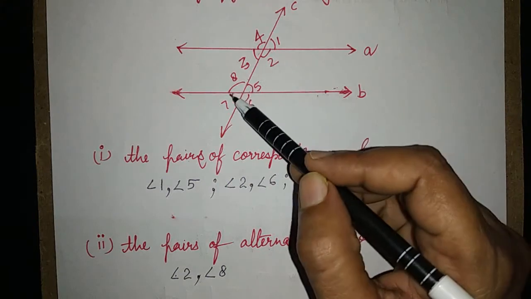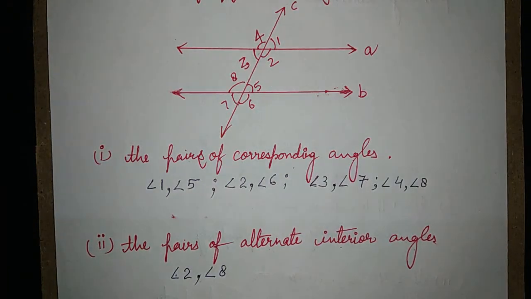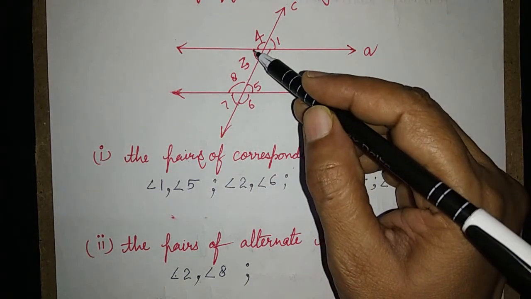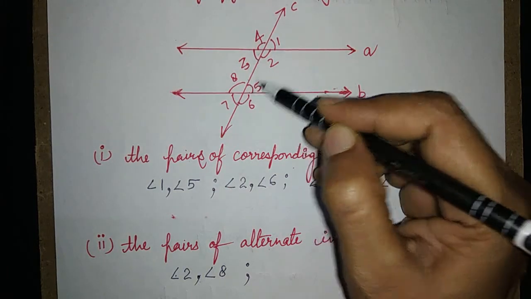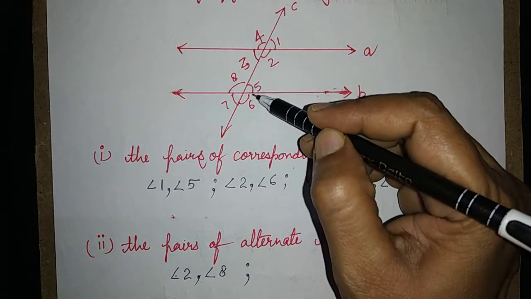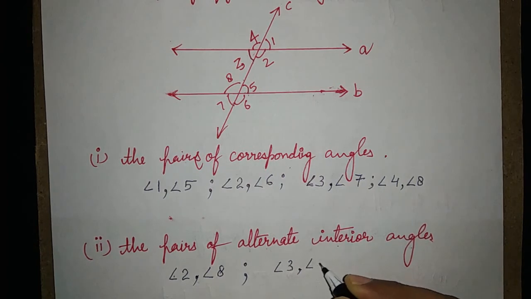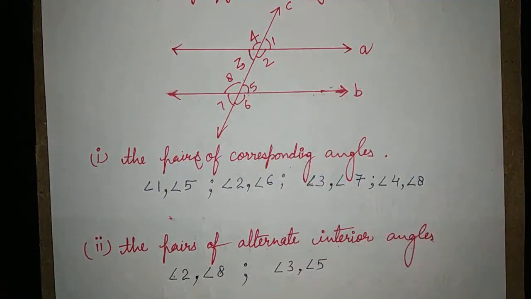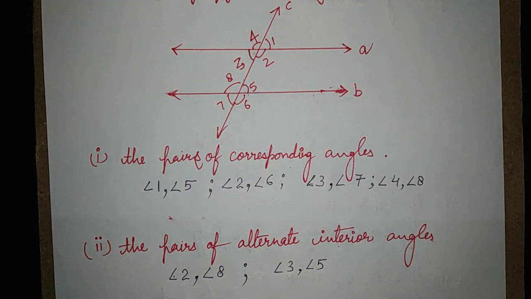Now we will write the second pair: angle 3 and angle 5. These two are also a pair of alternate interior angles.